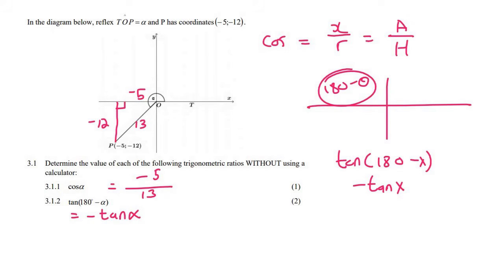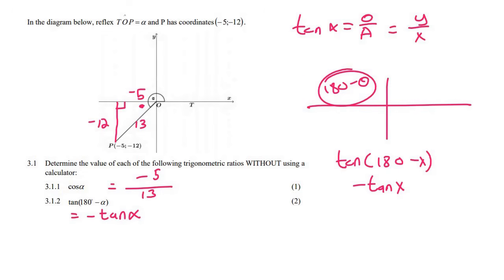And so now we can go into this triangle and work out tan. So tan is opposite over adjacent, or y over x, depending on your preference. And so that's going to be negative. Now the opposite is negative 12, and the adjacent is negative 5, and so that's eventually going to give us negative 12 over 5 as the final answer.